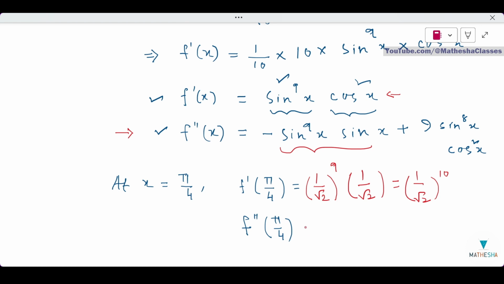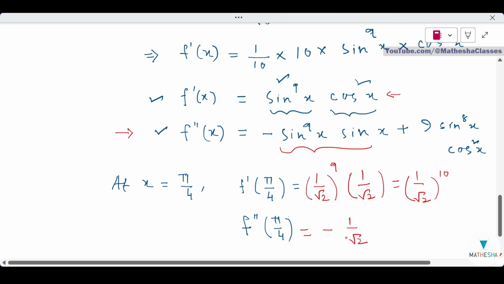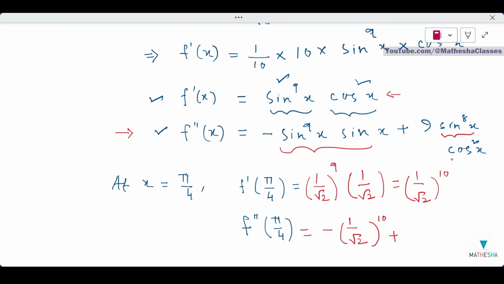So that means this is minus (1 by root 2) whole to the power 10, plus the second term, this is (1 by root 2) to the power 8, and this is (1 by root 2) squared. So together they will make it (1 by root 2) to the power 10 this time, with the factor 9.